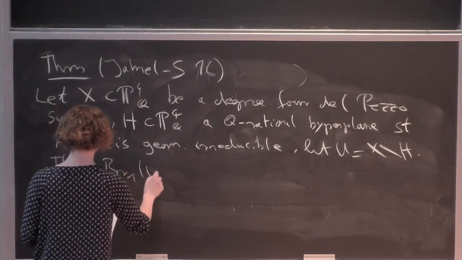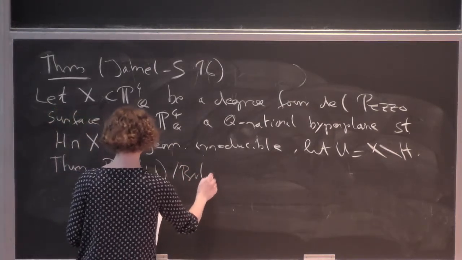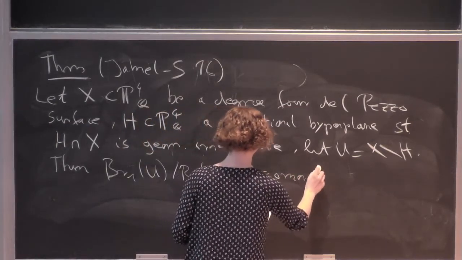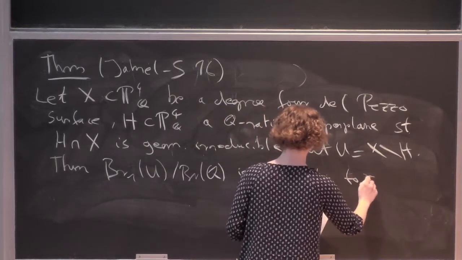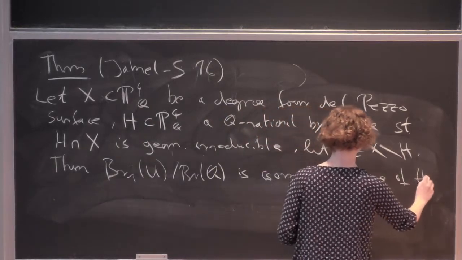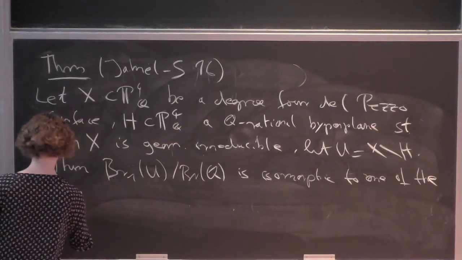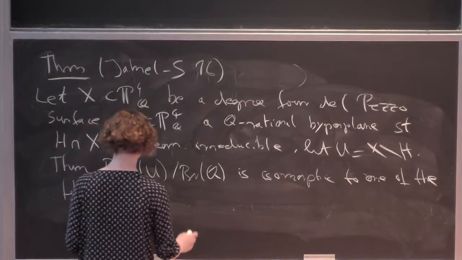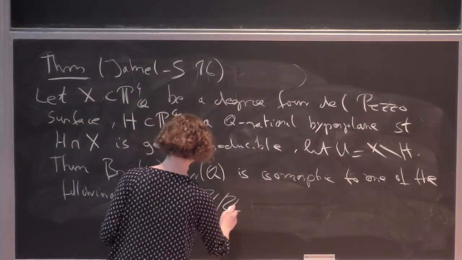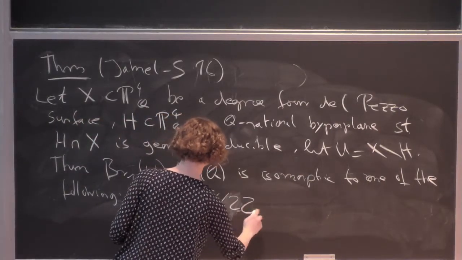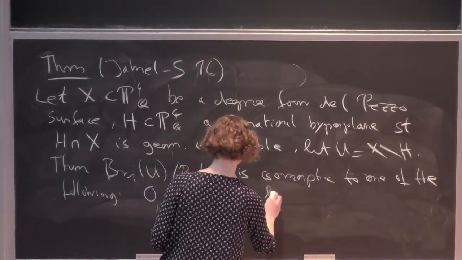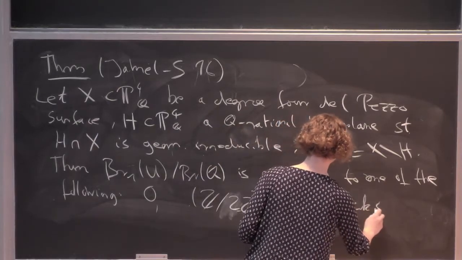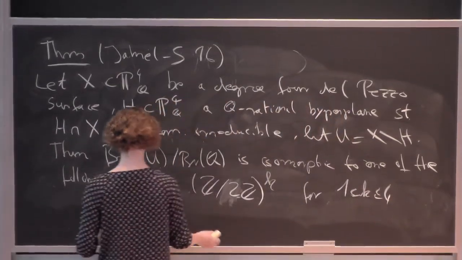Then this part of the Brauer group, Brauer 1, is isomorphic to one of the following. Either it's trivial, or it's a product of copies of Z modulo 2 Z, and you can have at most 4 of them, so for some k between 1 and 4, or you could have some 4-torsion in there.